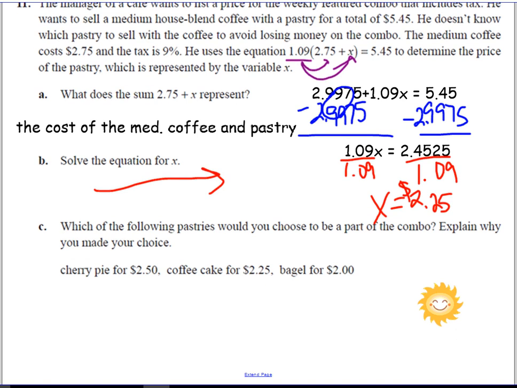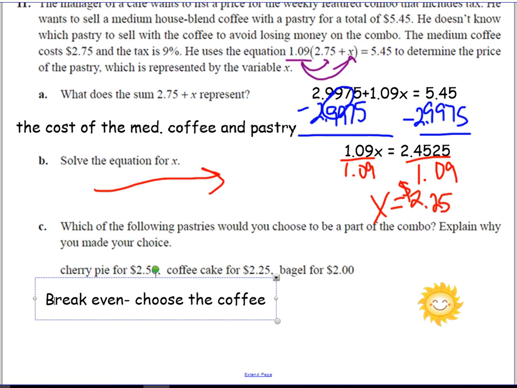So, which of the following pastries would you choose to be a part of the combo? Explain why you made the choice. Well, in order for it to break even, we would need 2.25. So break even would be choosing the coffee cake. So if we don't want to make any money, we would choose the coffee cake.